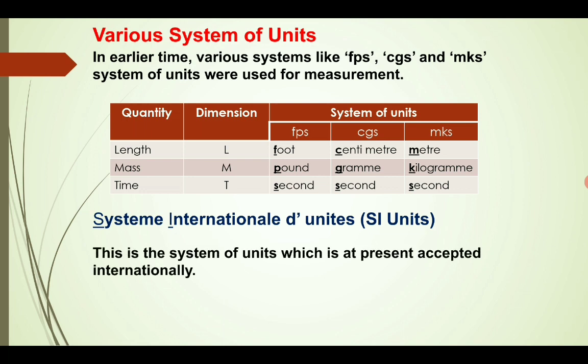Now this SI system of units is accepted internationally. The SI system with a standard scheme of symbols, units and abbreviations was developed and recommended by the General Conference on Weights and Measures in 1971 for international use in scientific, technical, industrial and commercial work.